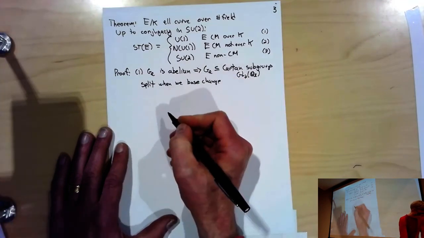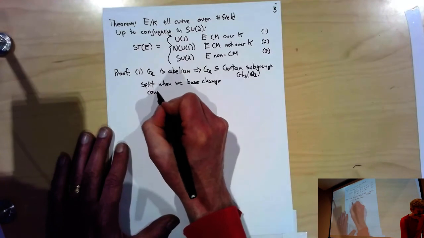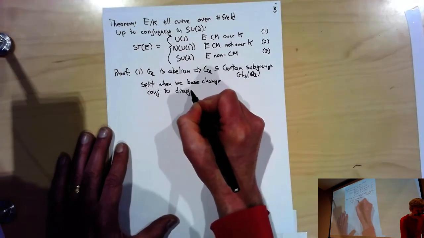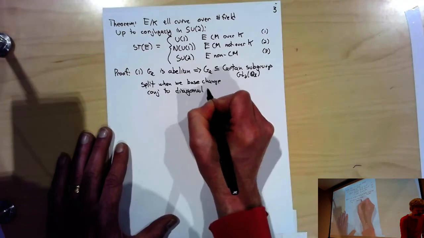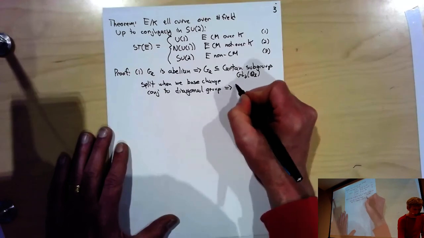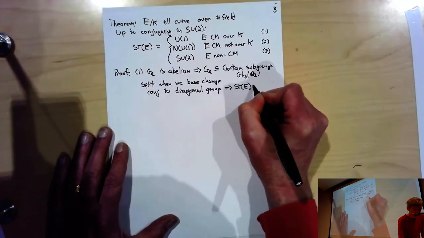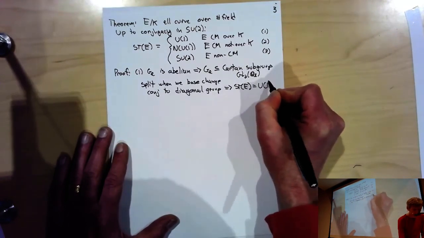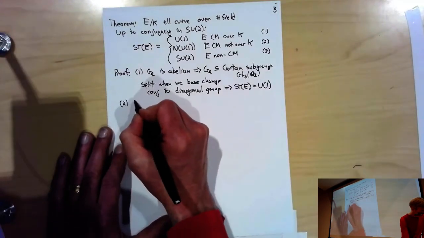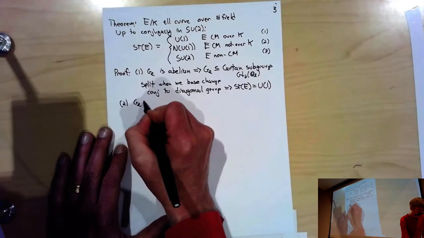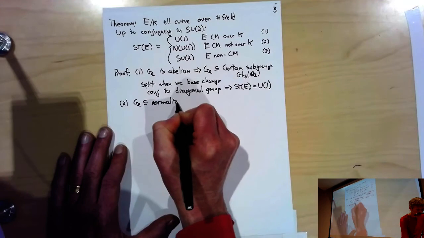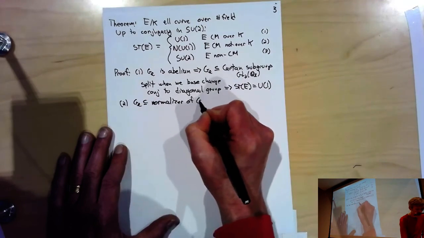And this means that it's going to be conjugate to the diagonal group, or a subgroup of the diagonal group. And this is going to mean that we wind up with U1. In case 2, GL is not quite abelian, but it's going to be contained in the normalizer of a Cartan, but not in the Cartan itself.